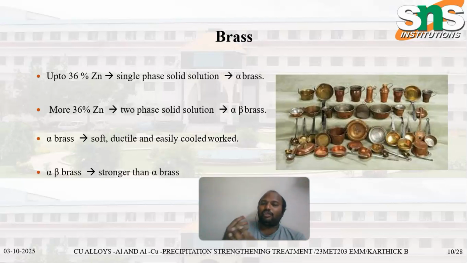It can be converted into plate, sheet, or something. But in alpha-beta brass, beta is a type of precipitate, and when it comes into the picture, the strength of the alpha brass is increased. That is the key point you have to keep in mind.